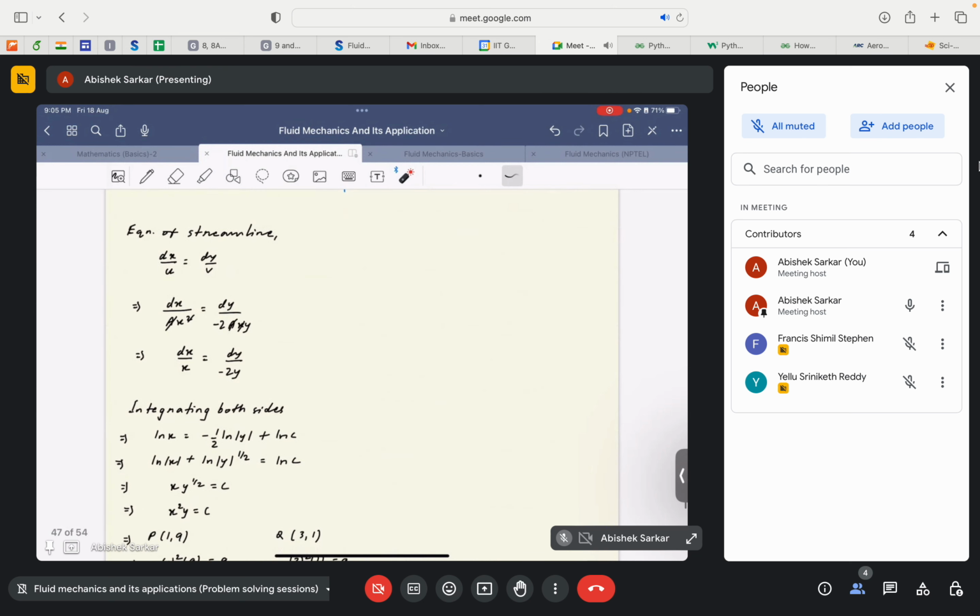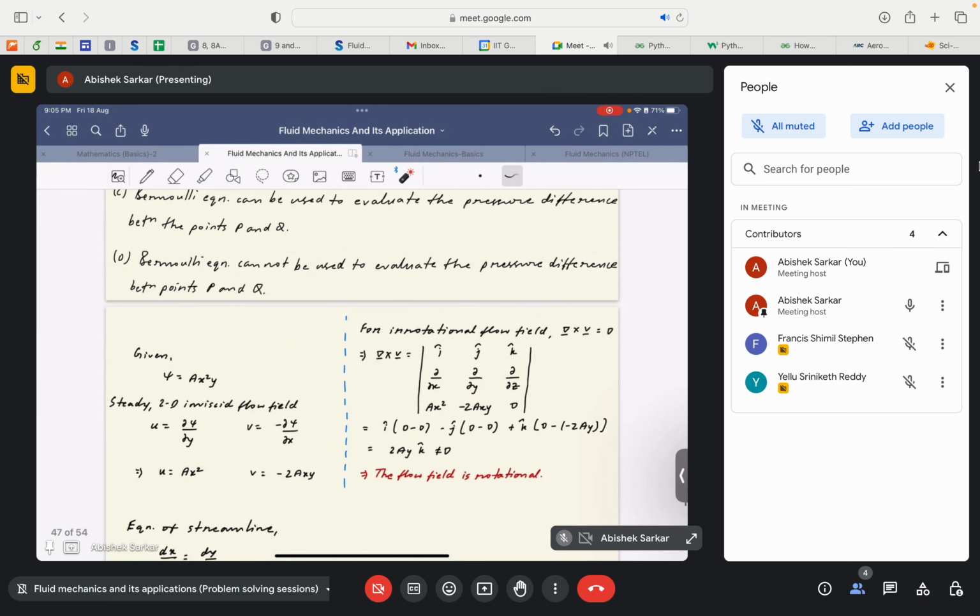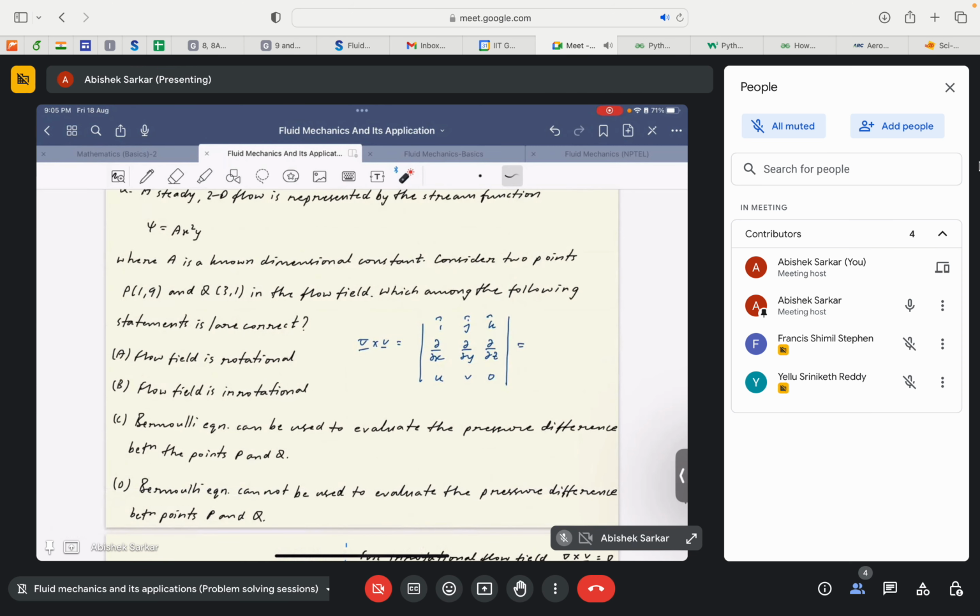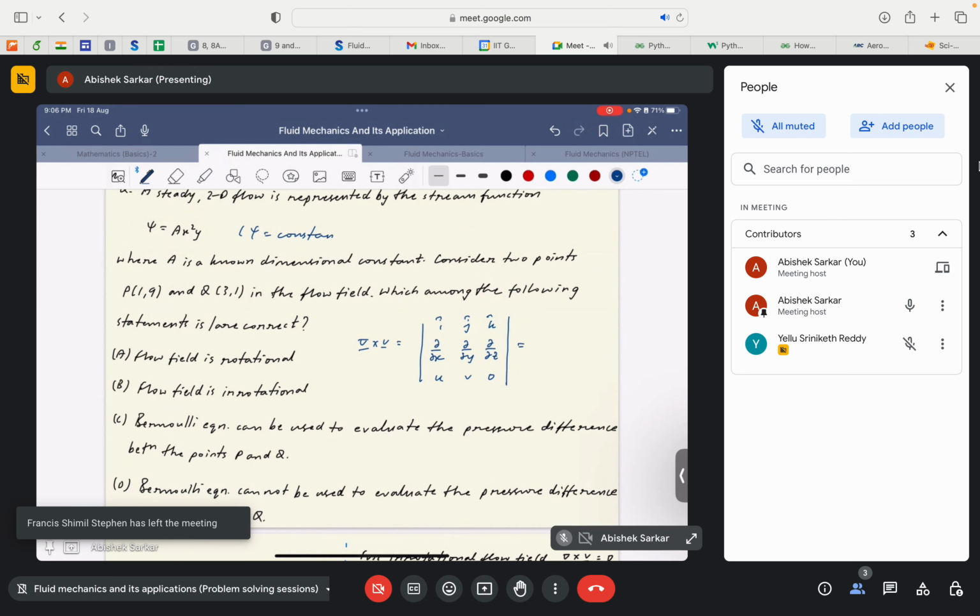Since we know the stream function, we know the equation of the stream function, and we know that the stream function is constant along a streamline, which we discussed. Psi is equal to constant along a streamline.